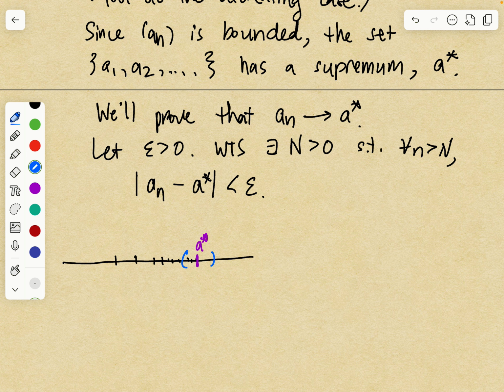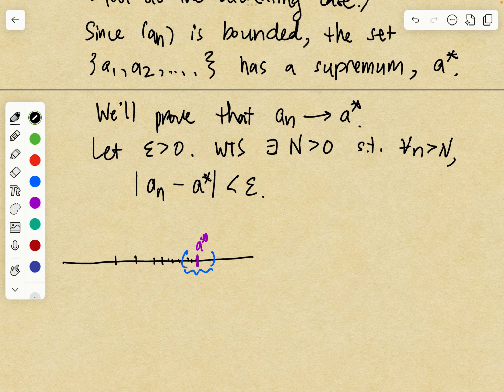Okay. So once we know that this interval contains a point of our sequence, then we can see that it will contain all the points after that because the sequence is increasing.